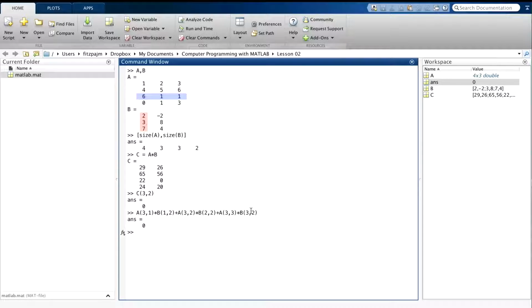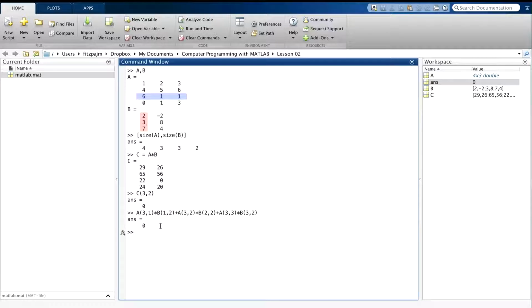But the inner index, this 1 and this 1, is the same for the A and the B. It ranges from 1 to 2 to 3. It ranges across the entire width of A and height of B. The products of these pairs of elements are then summed to get element 3,2 of C.